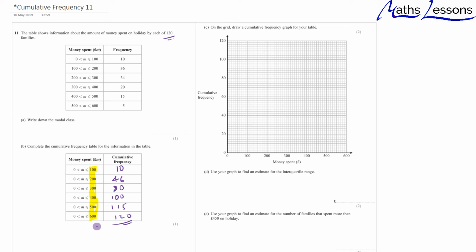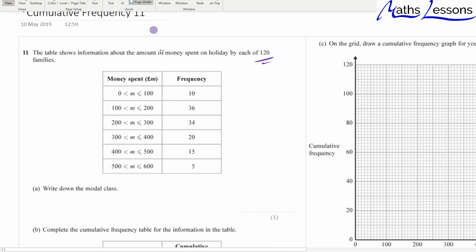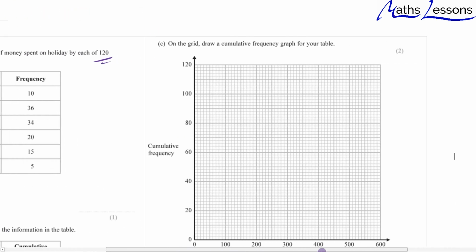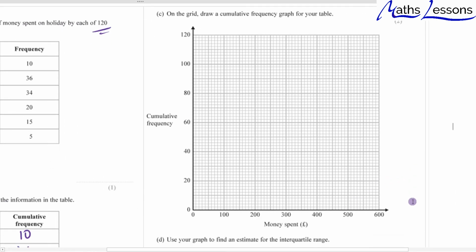It makes sense. I'm just going to zoom in a little bit so I can do the plotting a bit more accurately. Plot those values on here. So we're going to plot at 100, we're going to plot 10. And then at 200, we're going to plot 46.